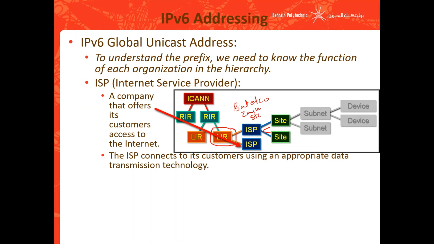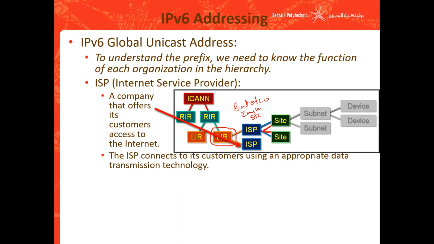So these ISPs provide these addresses to the customers. That's how we have it. If you have a connection from Betelco, Zain, STC, they give you those IP addresses from the pool of IP addresses that they have.